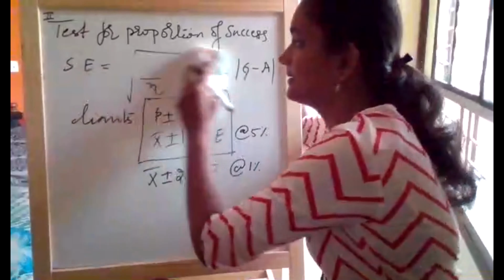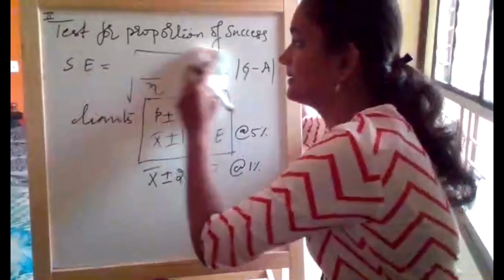So I'm just going to take the given information. What is the N value? How many apples are there? 500. Out of them, defective apples are 50. Now, can you tell me what is the success, girls? We need to get P and Q values also in order to calculate standard error.